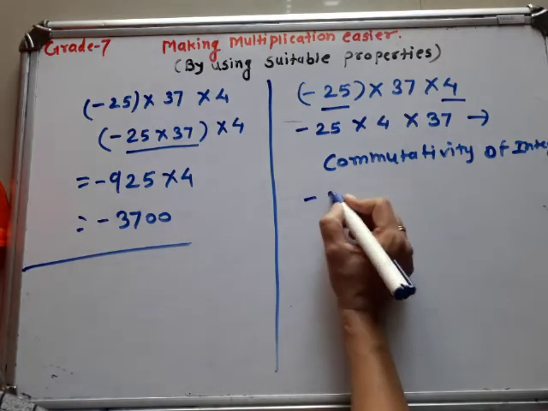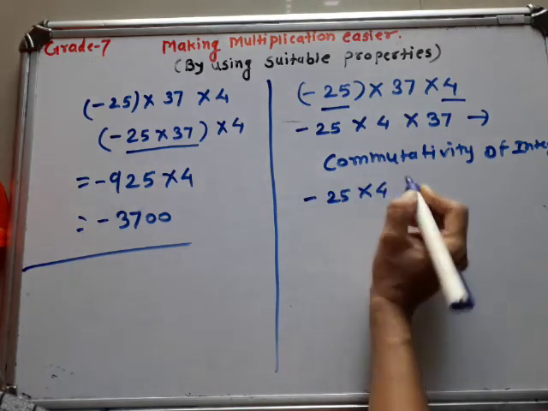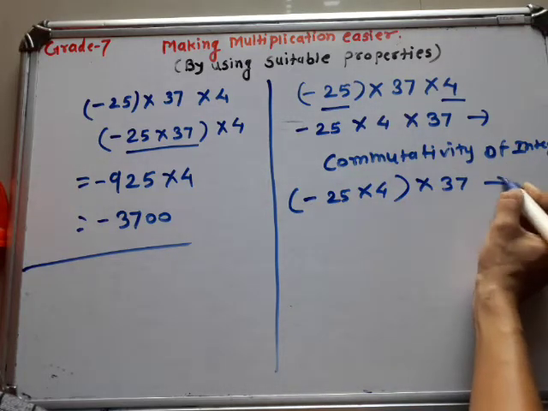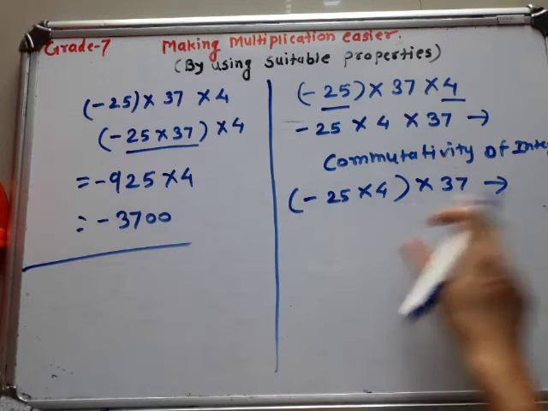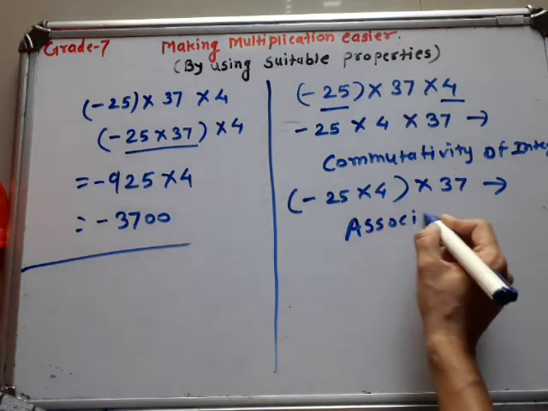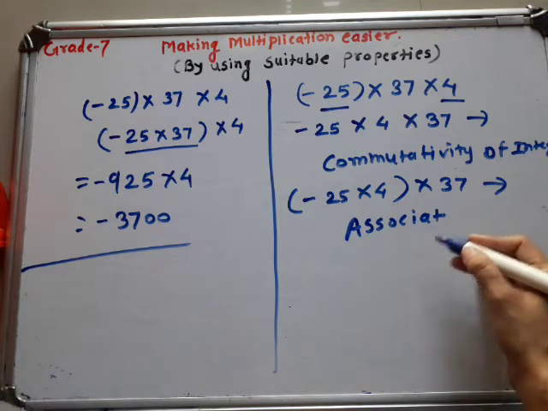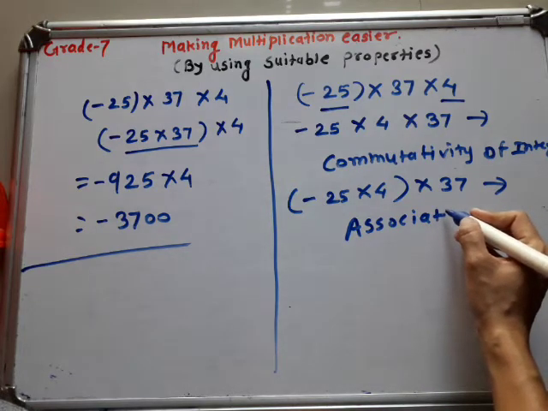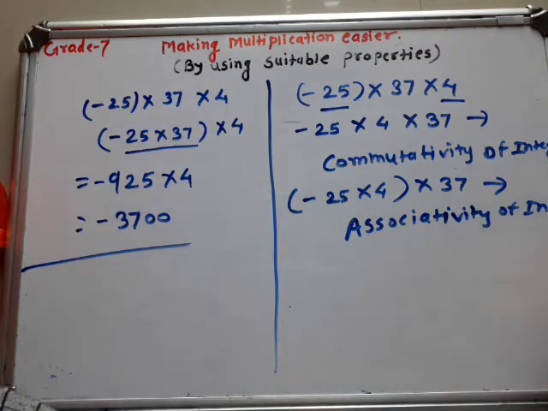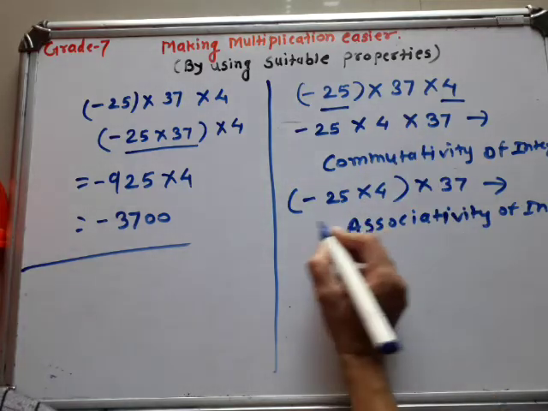So how to make a group? 25 multiplied by 4 in one bracket, then multiply by 37. This is which property? Here grouping property means associativity of integers, or associativity for multiplication. Now this is the second step. Now we solve this.